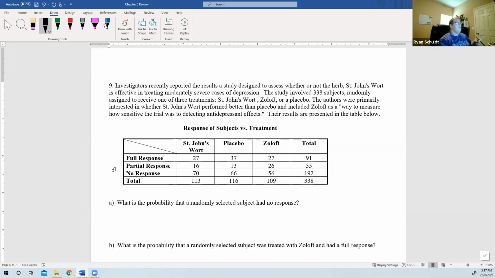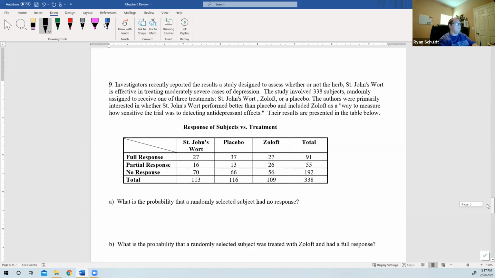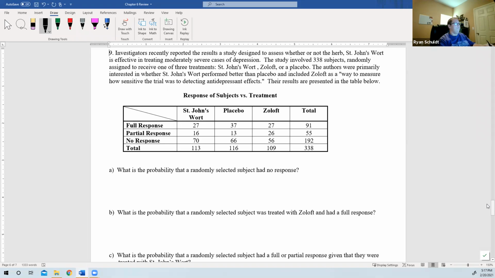So this is another one of those contingency table problems. They're just going to ask you to find a bunch of probabilities, and they're probably going to make it a little complicated for you. So let's see. A says, what's the probability that a randomly selected subject had no response? Okay, well, let's see. No response over the total.